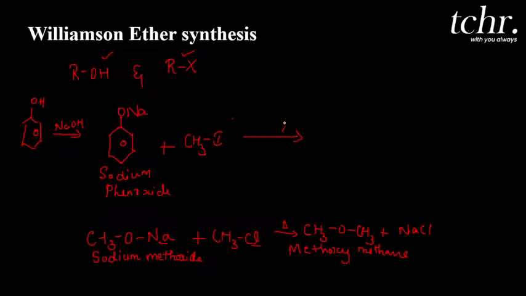Can you predict the product, students? Can you tell me quickly what is the product I get? What kind of ether will be obtained? Yes, the byproduct will be sodium iodide. And what ether do I get? The aromatic ether, methoxybenzene.